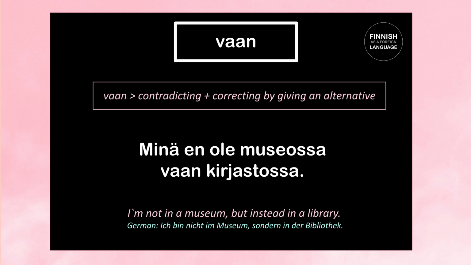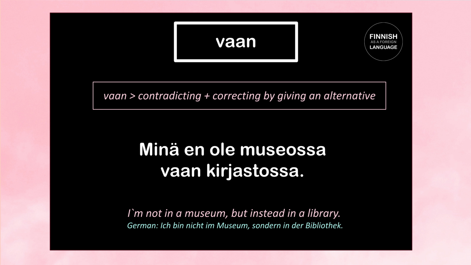So here vaan follows a negation, which we recognize here by the word en. So we correct a negative statement. So let's repeat. Minä en ole museossa, vaan kirjastossa. I'm not in a museum, but instead in a library.